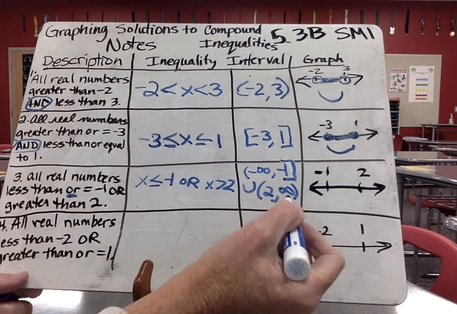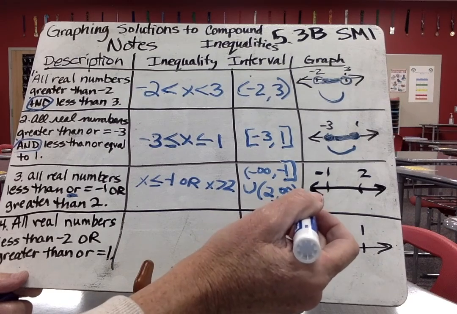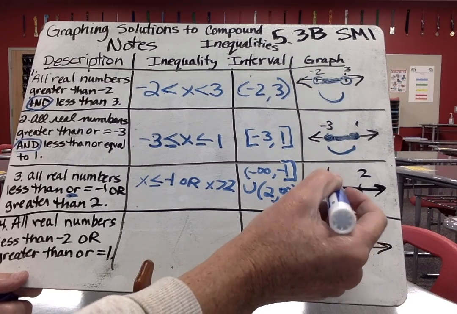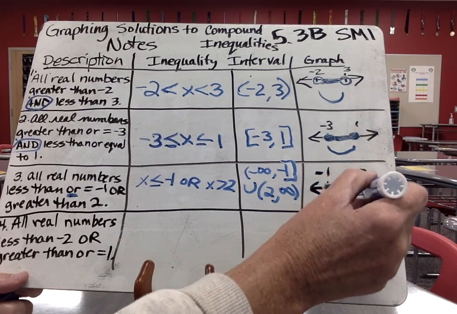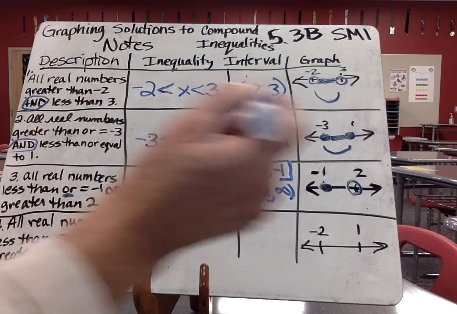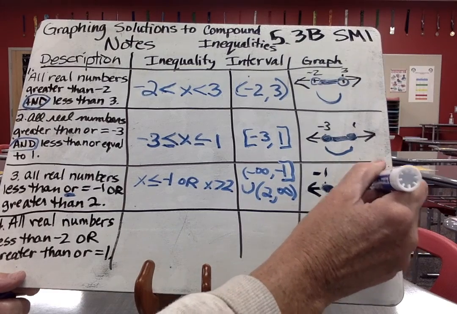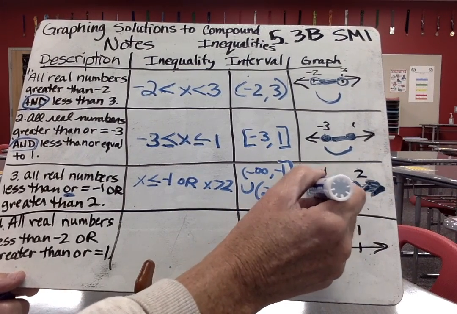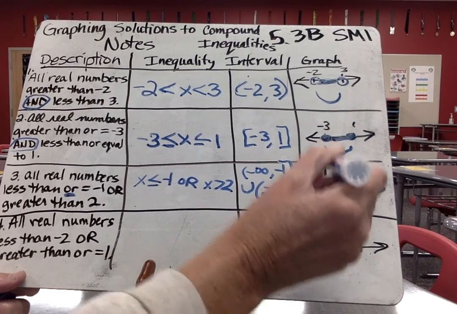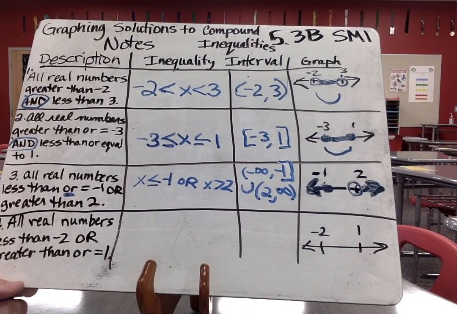And infinities always have parentheses, never brackets. So less than or equal to has to be a solid dot. This one is an open dot because it says greater than 2. So we shade on the outsides: greater than 2 or less than or equal to -1. And there's our shading.